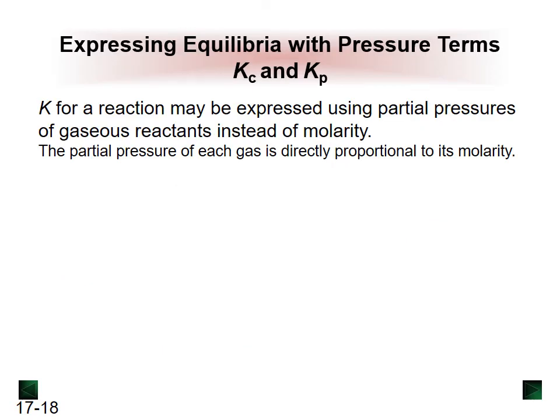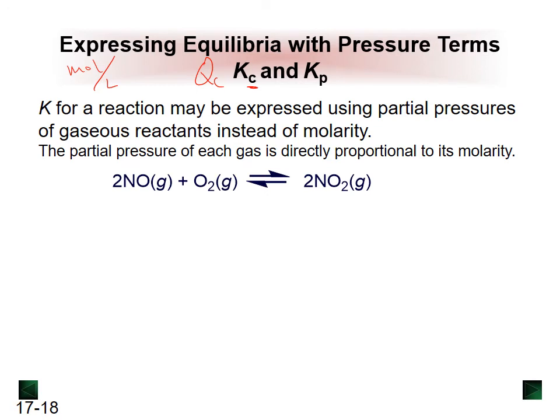So far, we have learned how to express Qc and Kc. C represents concentration. Concentration is moles per liter, the number of moles per volume. So, for example, in this reaction, the Kc is expressed by the product NO2 raised to the second power, here you have a 2, divided by the reactants NO to the second power, here also second power, times oxygen.